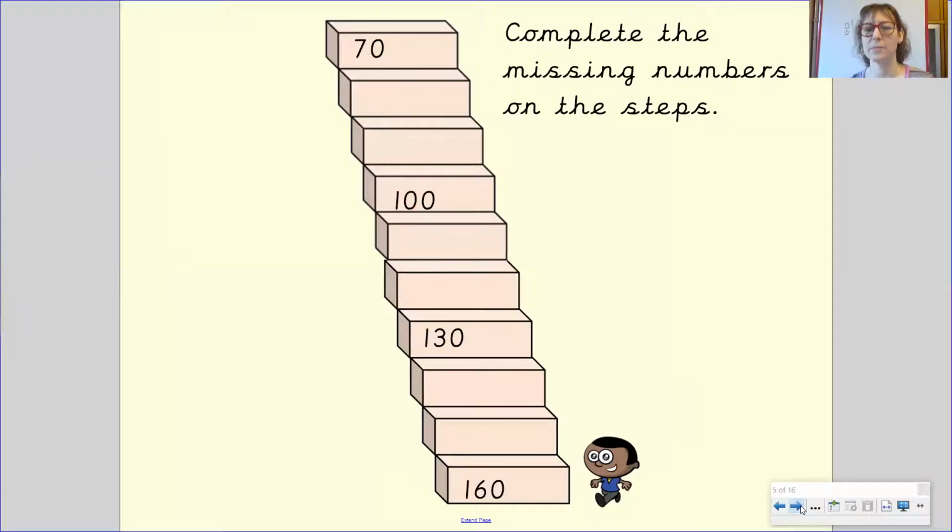And the next one is slightly more complicated. Again, if you want to pause and fill them in for yourself, go ahead and do so. 70, so let's go back. 10, 20, 30, 40, 50, 60, 70, 80, 90, 100, 110, 120, 130, 140, 150.